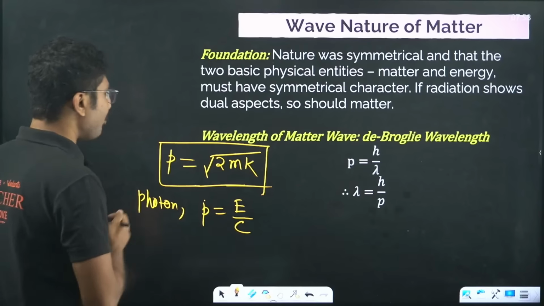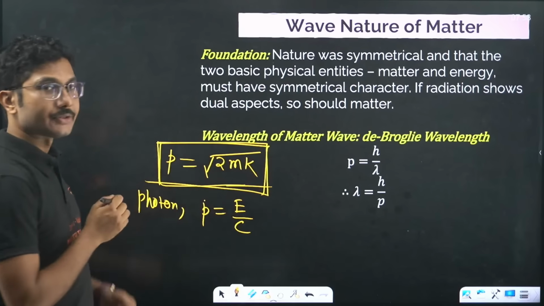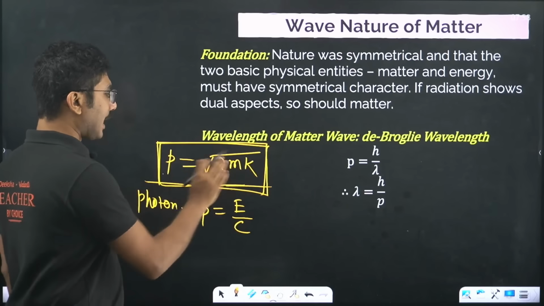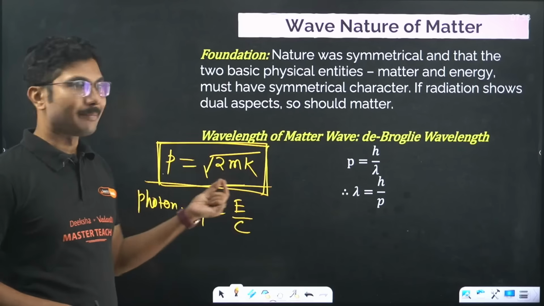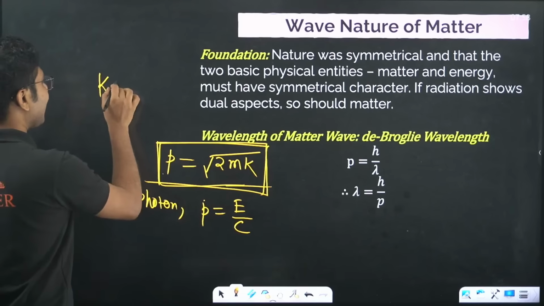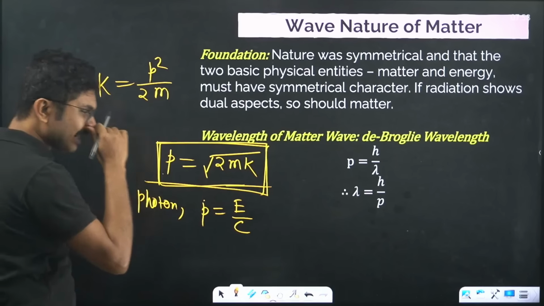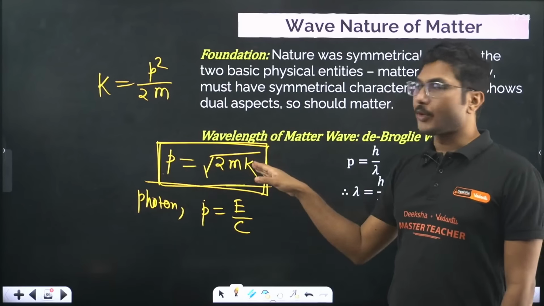Now one very important formula for all questions based on de Broglie hypothesis, and in PU1 chapters as well: momentum and kinetic energy. Kinetic energy is given by p square by 2m. Momentum p is equal to square root of 2mk.